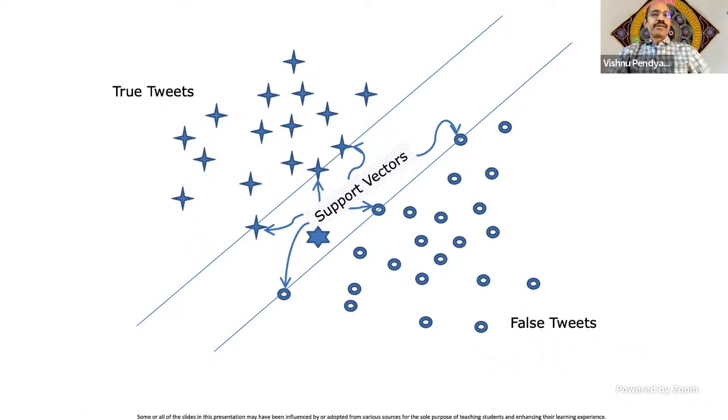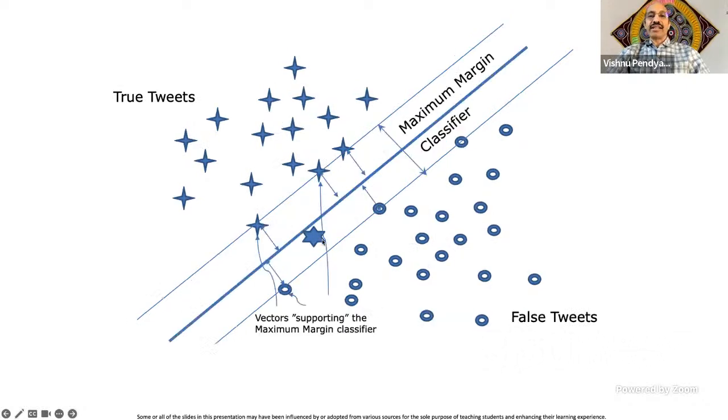So the vectors or data items which fall on the margins are called support vectors. You can think of them as supporting the margins, like pushing the margin. That's an intuitive way of understanding support vectors. Based on the support vectors, we come up with the decision boundary, and we classify new data points. In this case, the new tweet falls on the false side of the decision boundary. So that's why it can be classified as false.